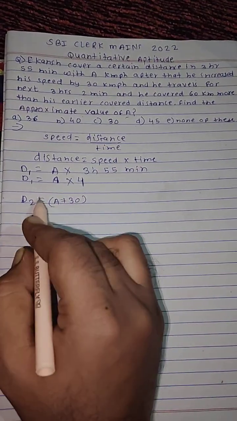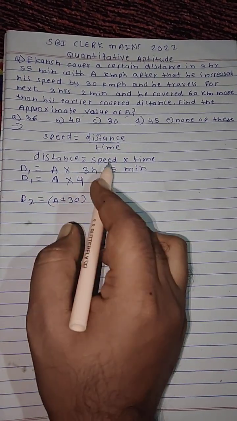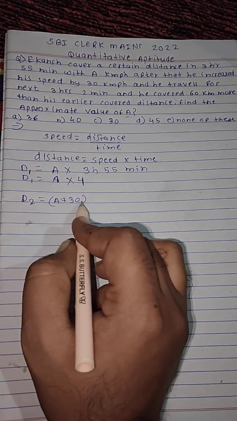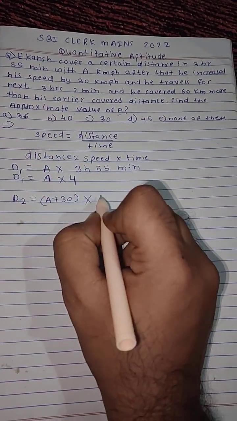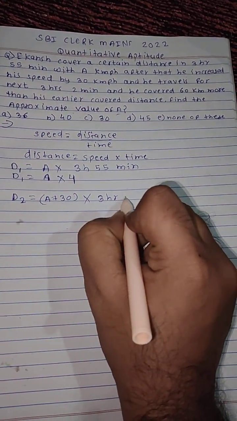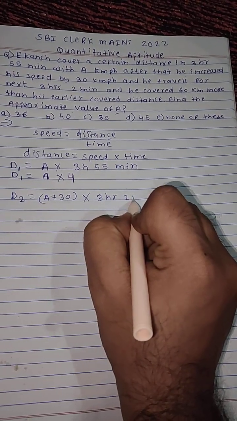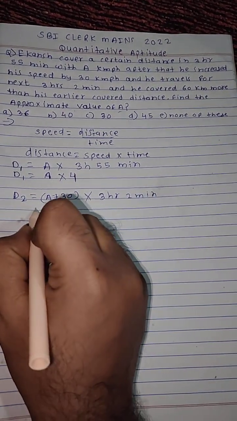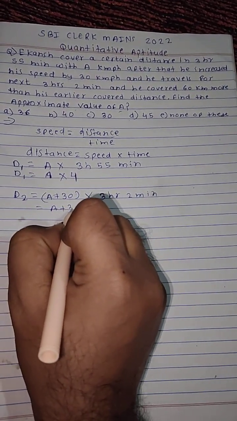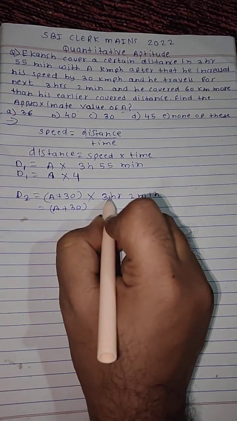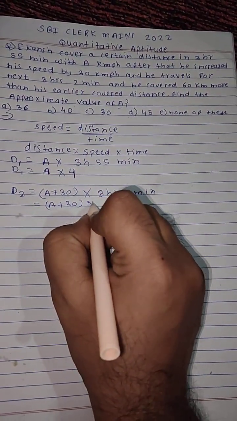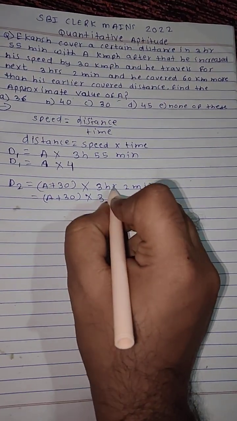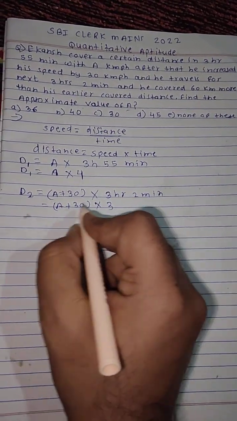Distance equals speed into time, and the time they have mentioned is 3 hours 2 minutes. For solving easily, we can write 3 hours 2 minutes as 3.